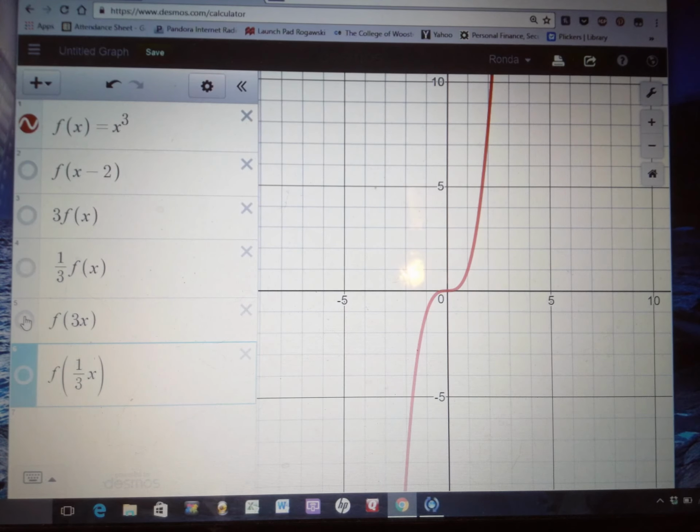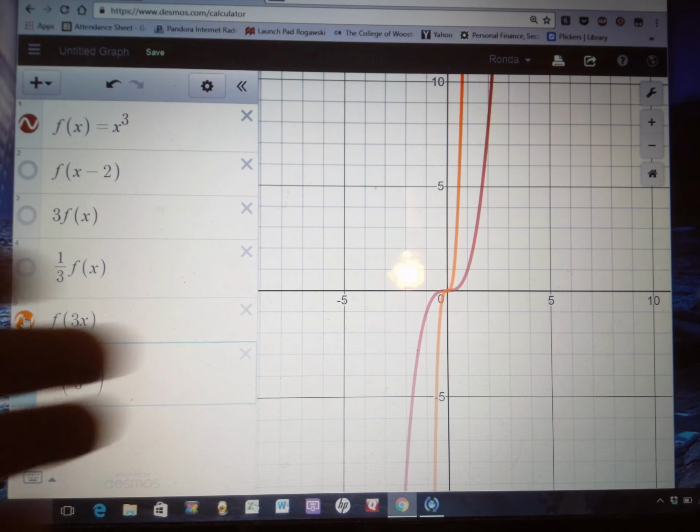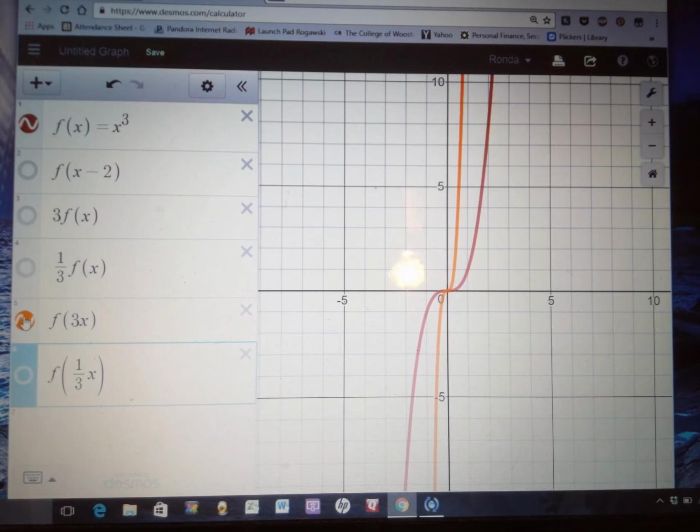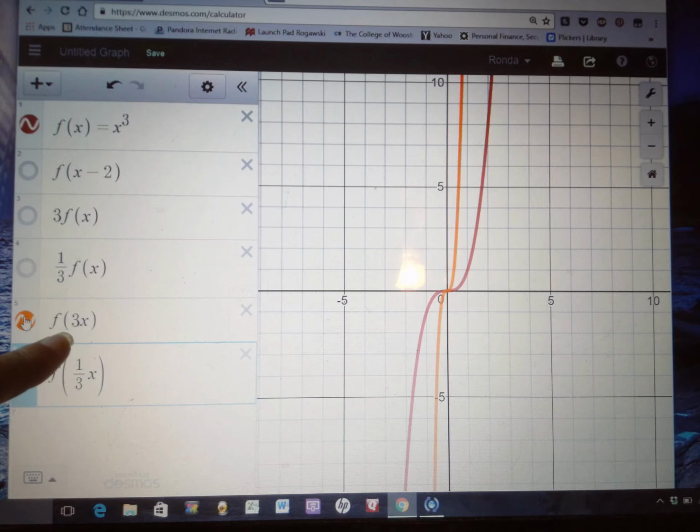So when I have f of 3x, this is considered a horizontal compression, or a shrink. See how it basically just squished my graph right in there. And so this one is considered a horizontal shrink. So if this multiplier on the inside is bigger than 1, then I get a horizontal shrink.